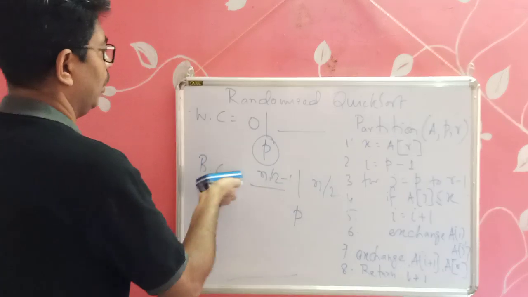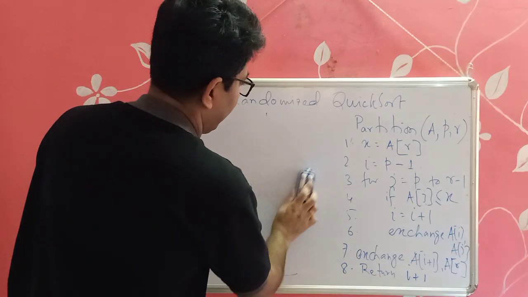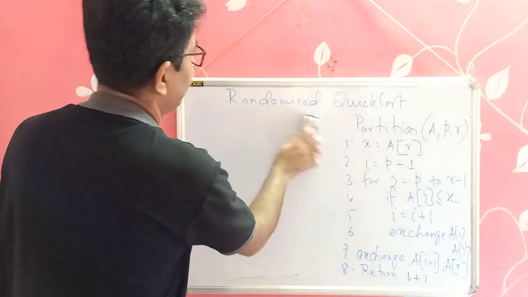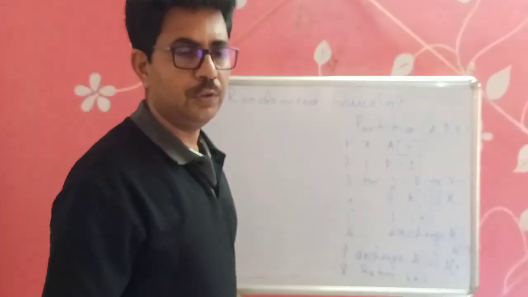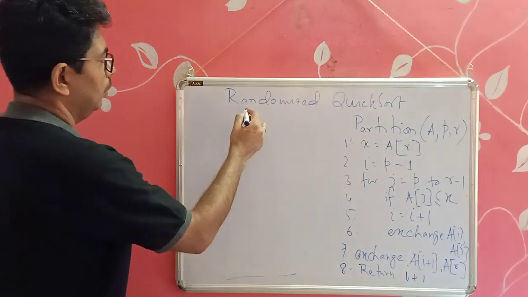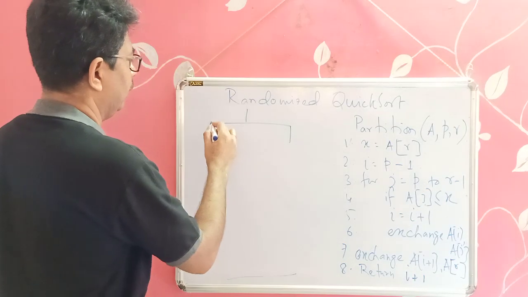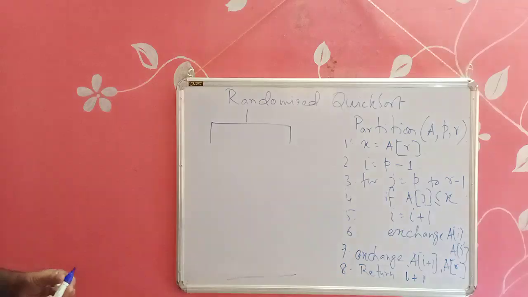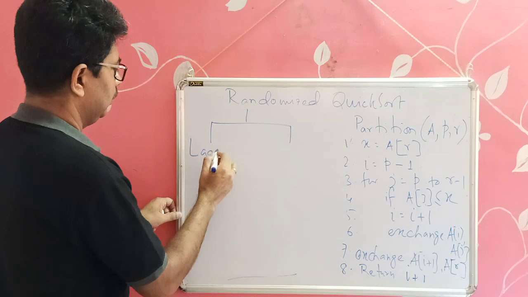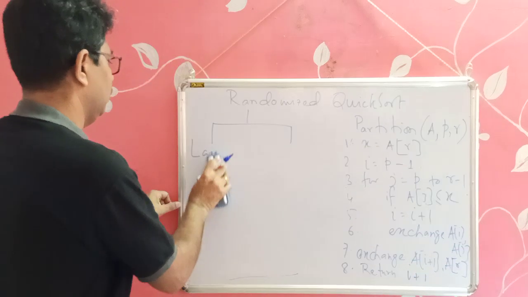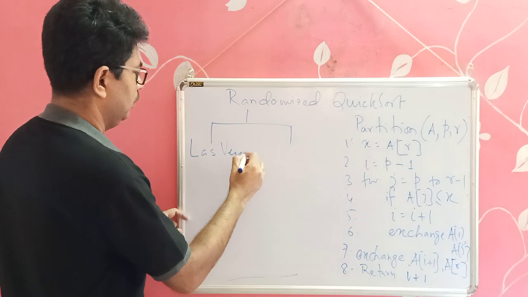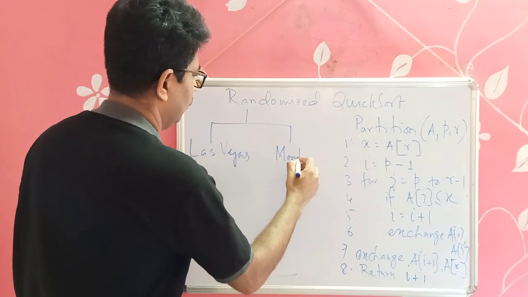We will make a modification here, and that kind of algorithm is known as a randomized algorithm. Before going to discuss the randomized quicksort, just take a look at the randomized algorithm. There are two kinds of randomized algorithm: one is Las Vegas and another is Monte Carlo.